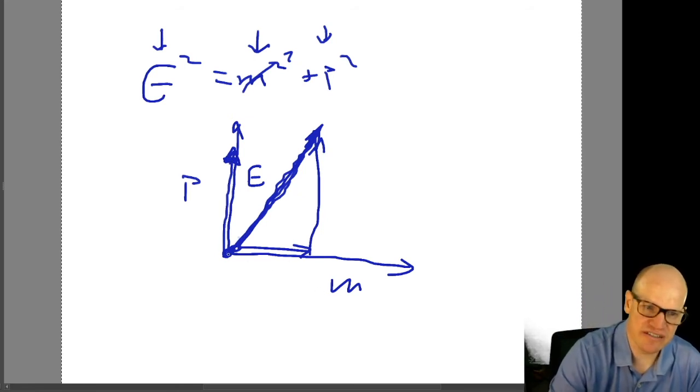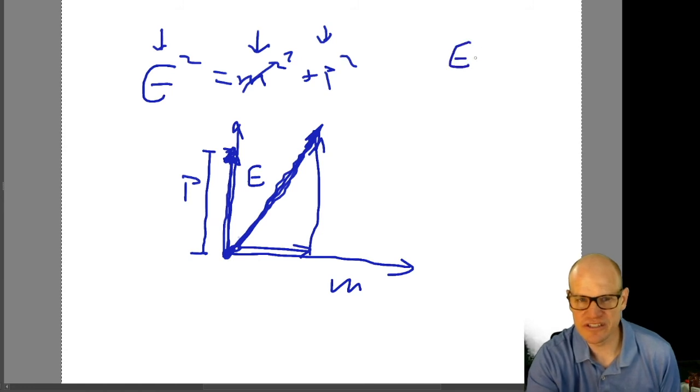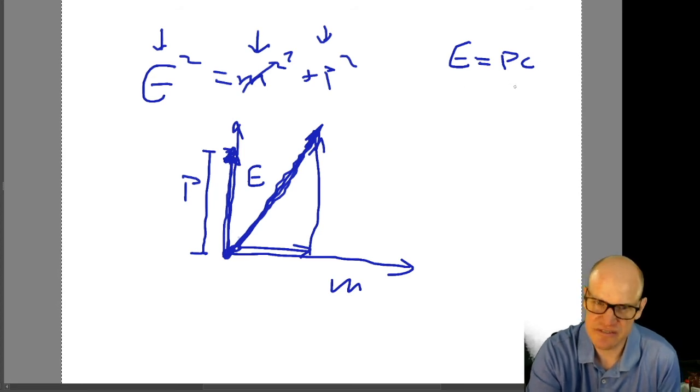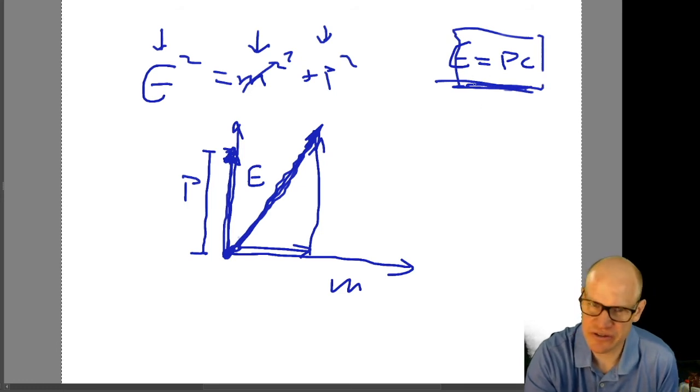Something with no mass, its momentum is on this axis, and the energy is that length. Its momentum and its energy are equal to each other, or the energy is Pc. So if you need to use units where c is not equal to 1, then energy is Pc, like this. So that's the energy and the momentum of the photon. If you have one, then you can calculate the other with this.